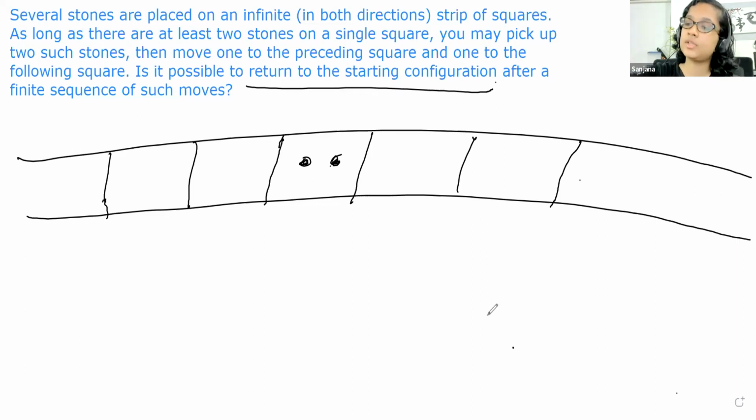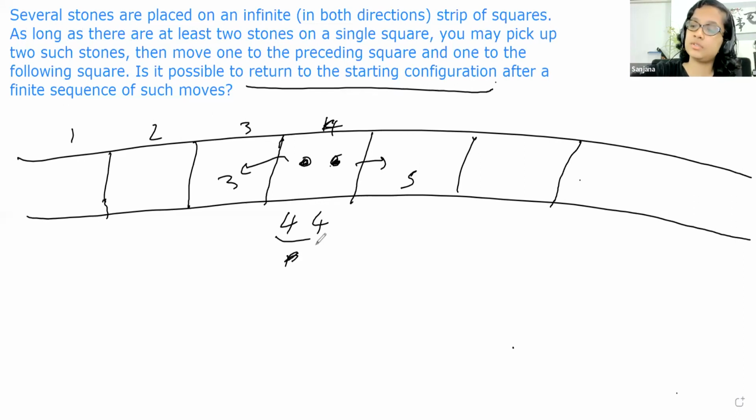Suppose you number the squares and assign weights according to the square on which the stone is. Here you'll have 4 and 4, and then if you move, it will have 3 and 5. You can't really have an invariant with that, because if you take the sum, it's the same. So you need something that changes. A smart thing to do is take the square. Initially you have k and k, and then k minus 1 and k plus 1.